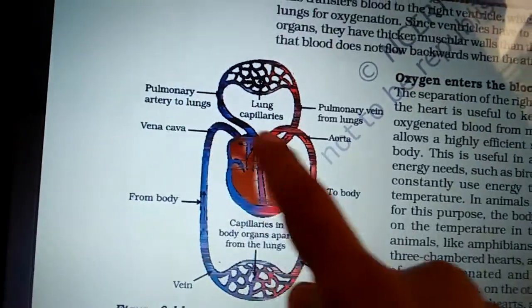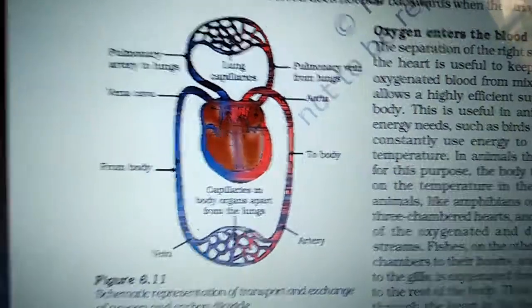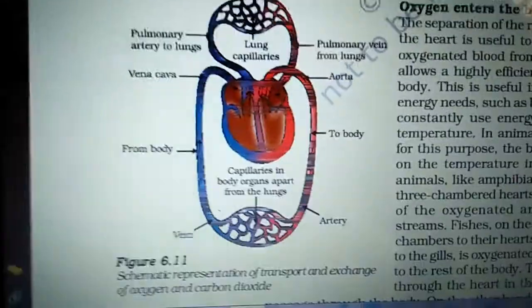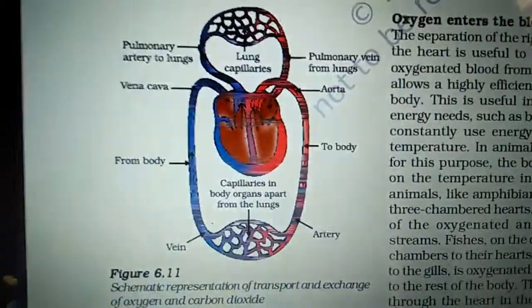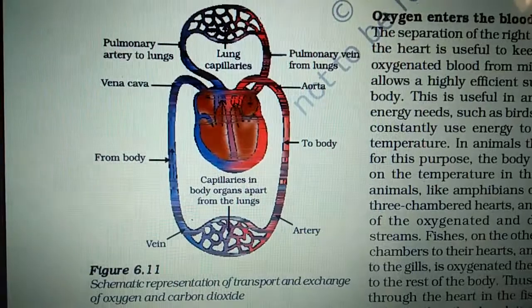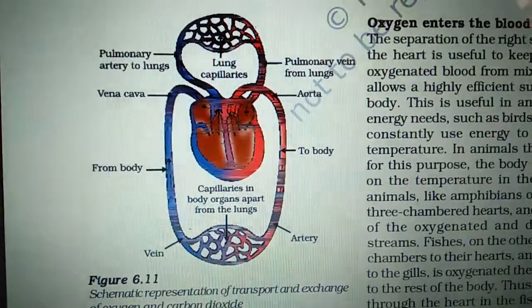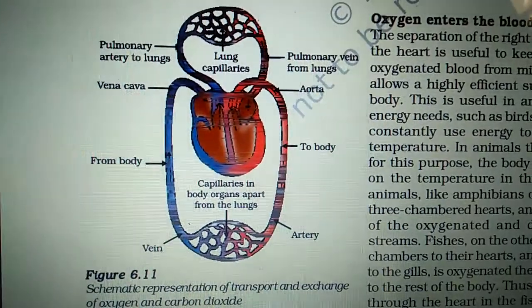Now if we study, the human heart has four chambers. In the human body, oxygenated and deoxygenated blood is kept separately. Why is it kept separately? Because we know humans and mammals are warm blooded animals. They have to maintain their body temperature.